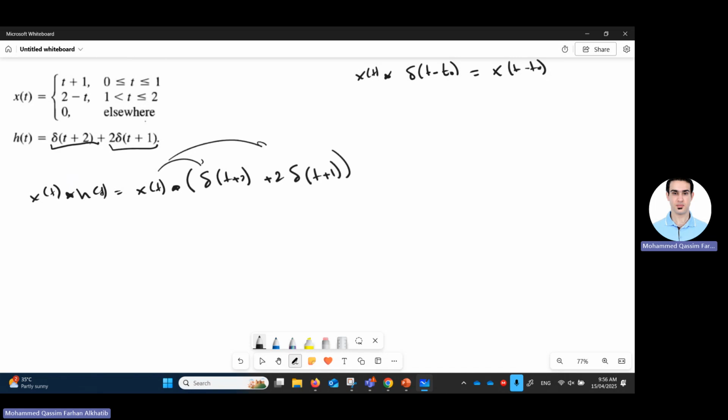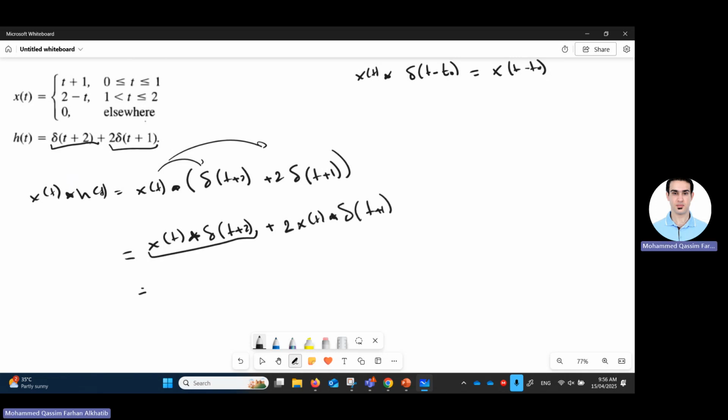Distribute the convolution. So I have x of t convolved with delta of t plus 2 plus, 2 is a constant, x of t convolved with delta of t plus 1.